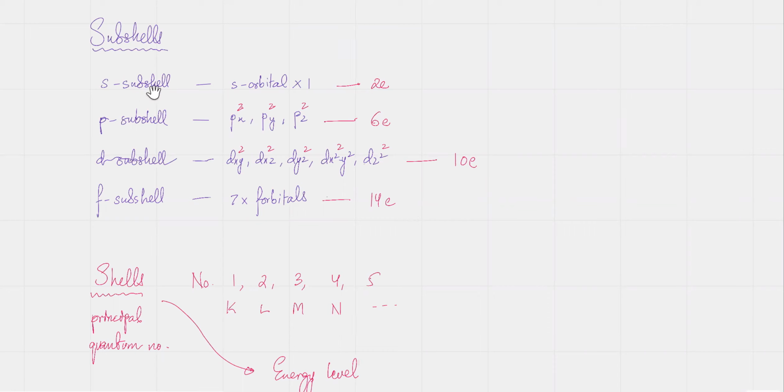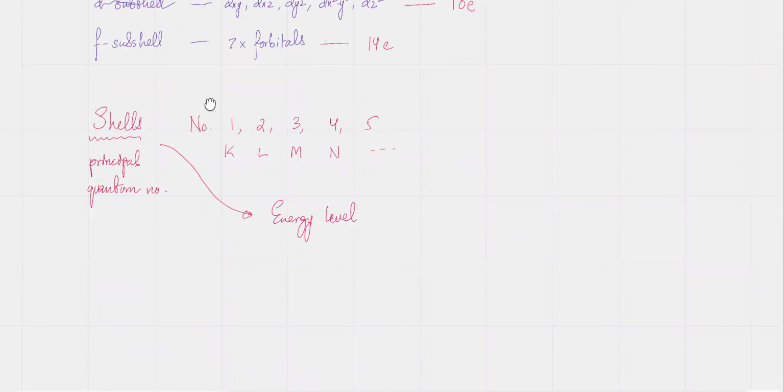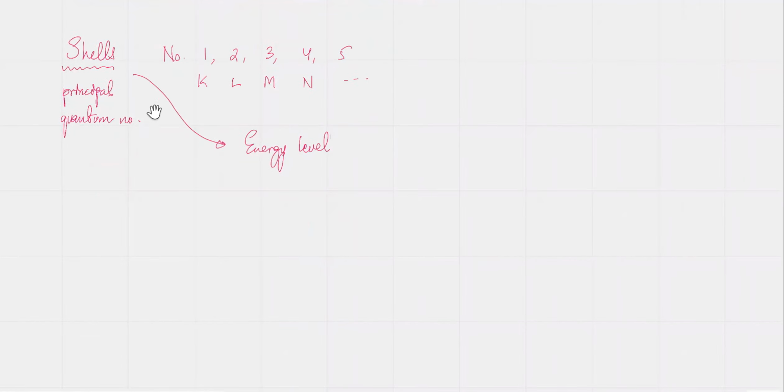So you had your subshells, and after that you had your shells. And this is what we started doing. We started doing shells. Now, shells weren't a physical thing. It simply meant energy level. And as the shell numbers increase, this is also referred to as the principal quantum number.